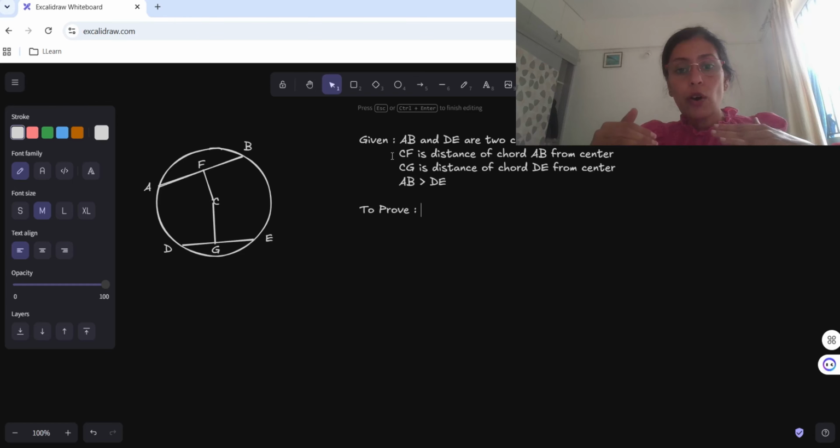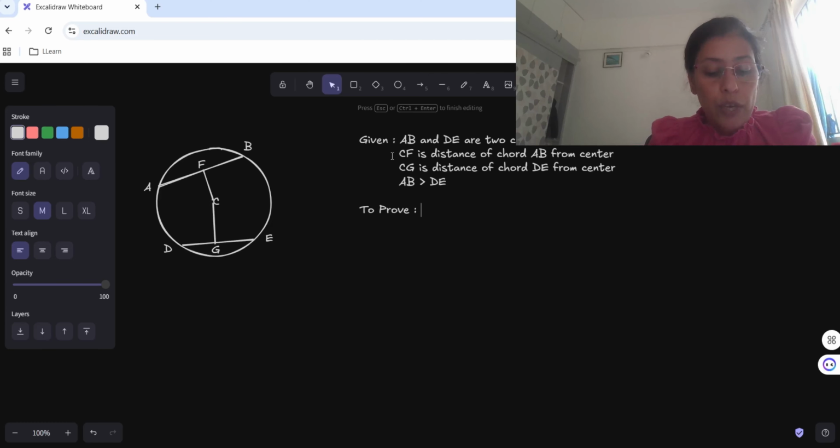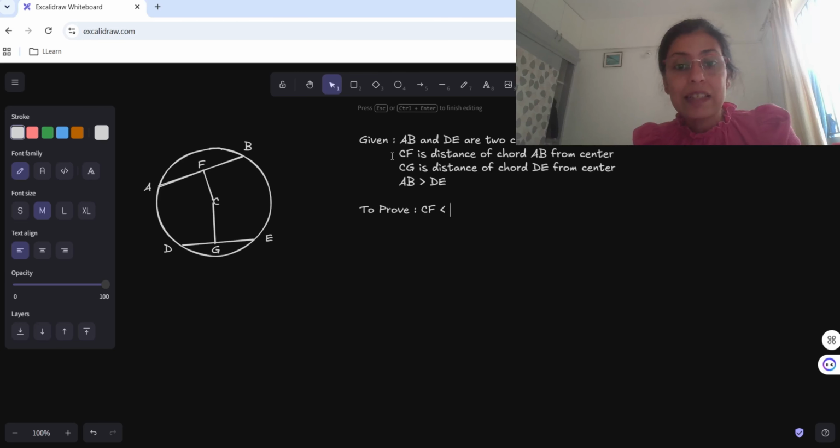A shorter chord will be at more distance from the center, right? So here the distance of the longer chord from the center is CF. We are saying that this will be lesser than the distance of the shorter chord from the center. Shorter chord is DE. Distance of the shorter chord from the center is CG. So CF is less than CG is what we need to prove.